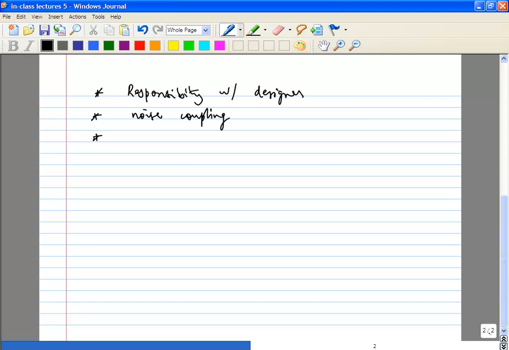Okay, the other important thing to know is the amount of time you spend on these things. If you look at a modern, let's say an RF design, okay, only 50% of the time is actually spent in designing the circuit. The other 50% would probably be spent in laying out the circuit, especially if it's a very critical circuit. Okay.